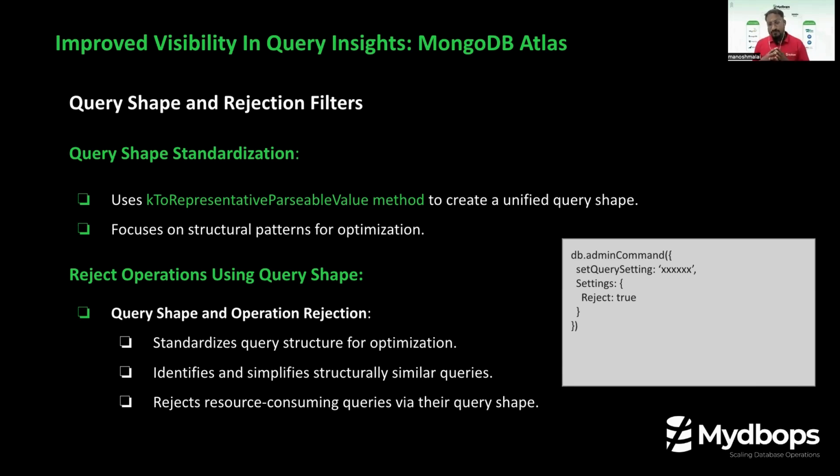But right now they introduced a quite interesting feature using query shape. If you find the query shape and set the query setting with the query shape and reject true, that's it, the job is done. Now we don't need MyDB kill. By using this feature, we can reject that query without hitting our database.